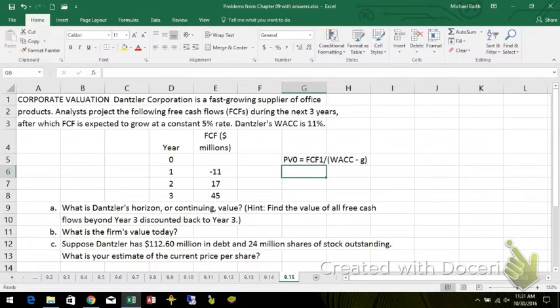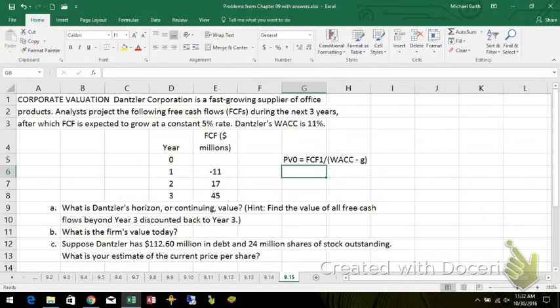Okay? So that's the same as the dividend discount model. The dividend discount model is the price at time 0 if you have dividends year 1 over K minus G. So it's the same basic concept. It's the same calculus. If you're wondering why they made you take calculus, it's that you'll believe that this formula works under these assumptions.